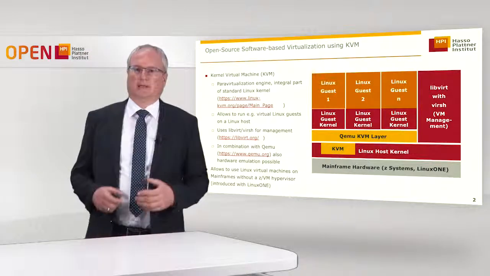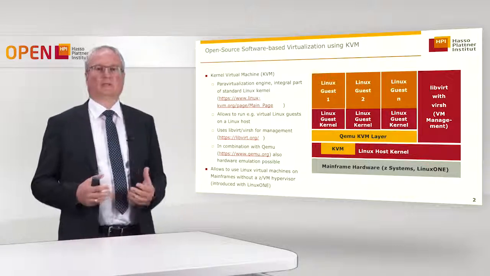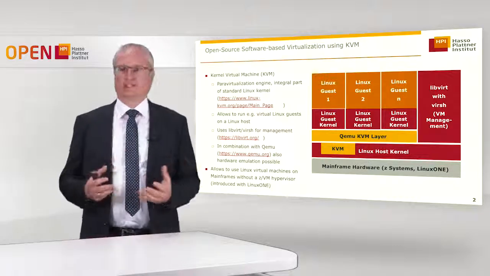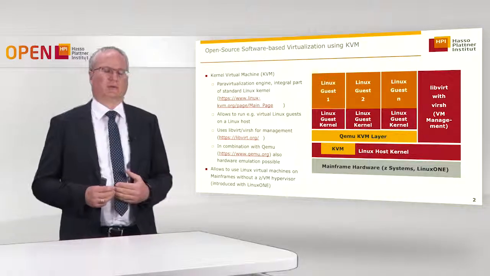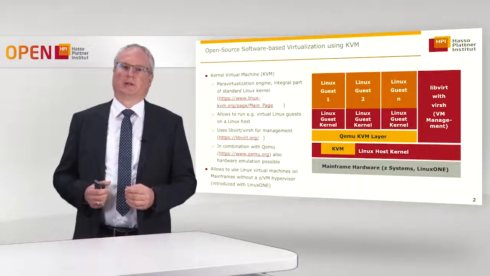In recent years, Linux has become more and more important on the mainframe platform and is also highly supported, and new features are added by IBM on the mainframe platform. So Linux now is a real strategic operating system for the modern mainframes.